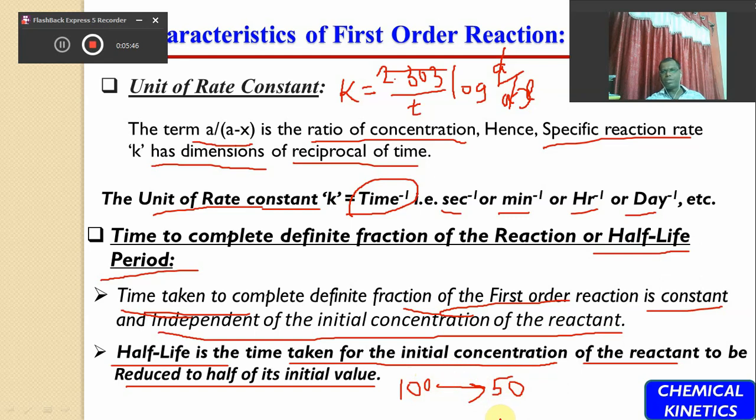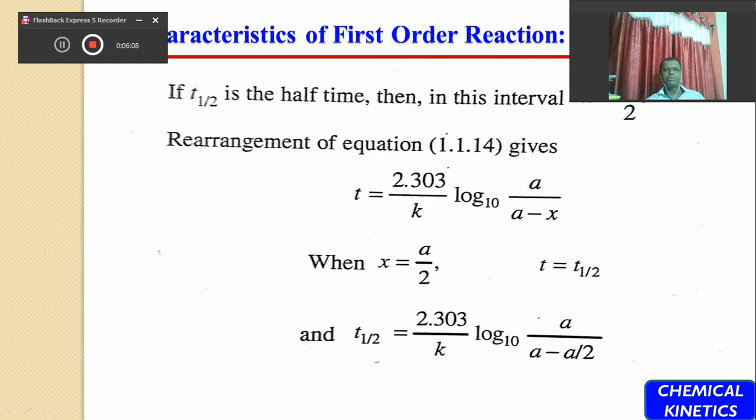This much time is called the half-life period. Again, this 50 will be decreased to 25, and whatever time is required to become 25 from this 50, this time will also be called the half-life period, and this time will be exactly the same. That we will discuss with the help of some equation here.